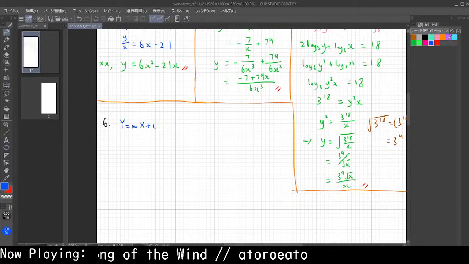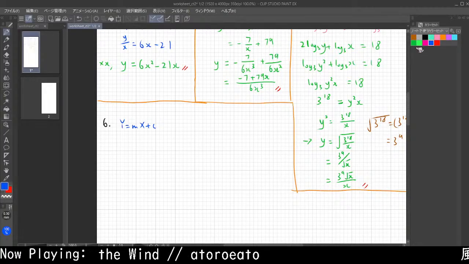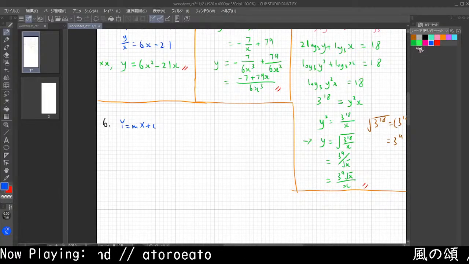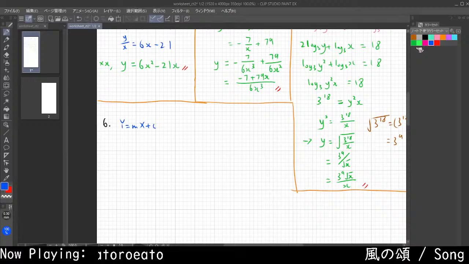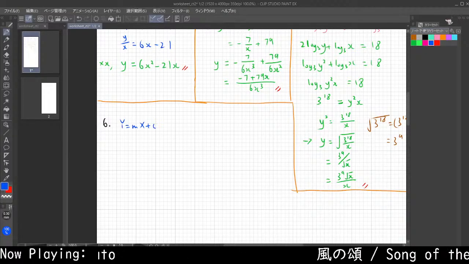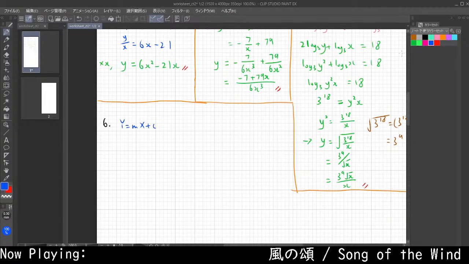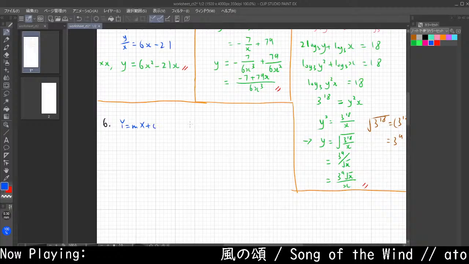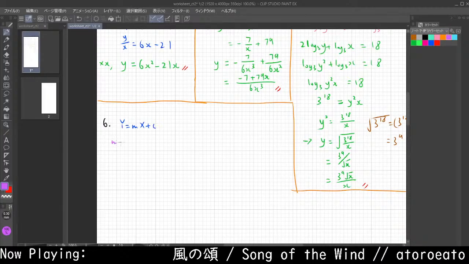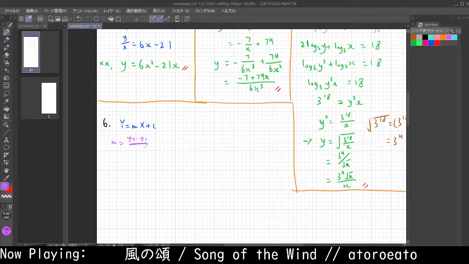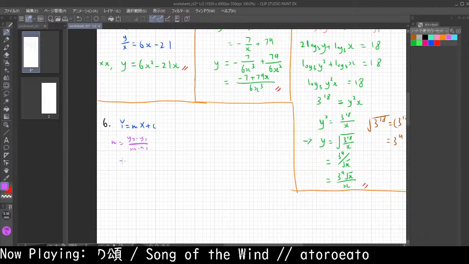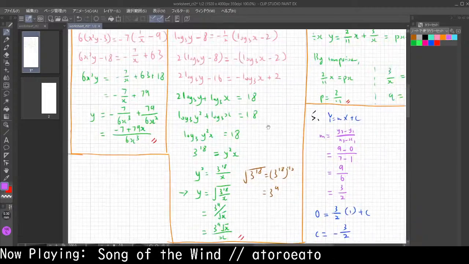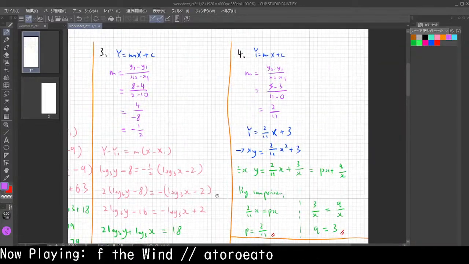Anyway, so y against 1 over x, you're going to calculate the values of a and b. So basically same thing, y equals mx plus c, you want to find your m. So I'll just go through the same process. Thinking about it, I might need to change my color palette a little bit.